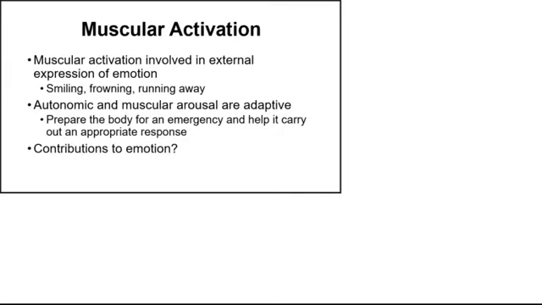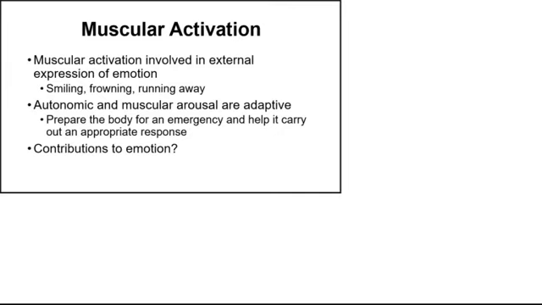And so this combination of our nervous system and our muscular arousal working together ends up being adaptive. And it makes sense why these systems exist, because they help prepare our body for an emergency. We tense up when we're stressed because we're waiting to have to react to something.